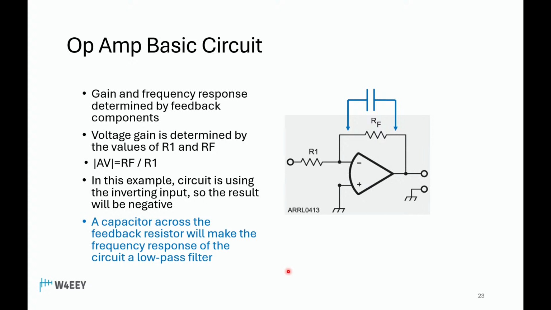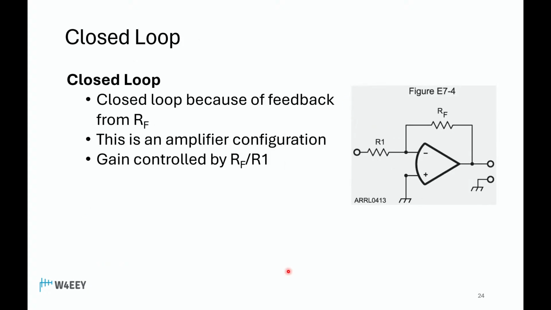But in this case, they're showing us that a capacitor will make it a low-pass filter. Now, closed loop, I mentioned open loop before. Closed loop is when we have a feedback resistor. Open loop is when we do not. So this is the closed loop.